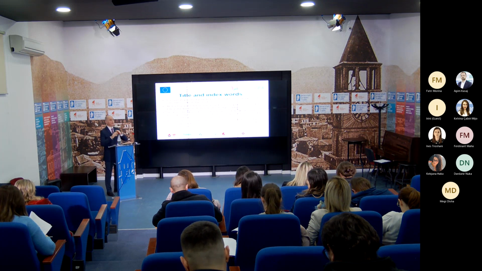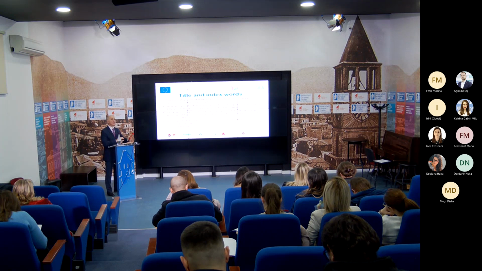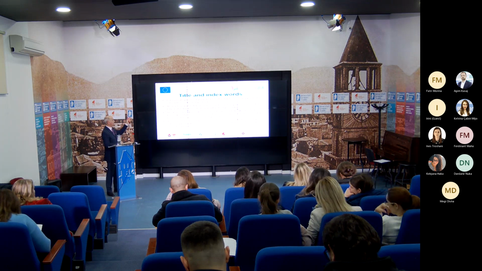Also, it's a must. Almost any journal in the world will require index words or keywords, at least 4 or 5 of them, no more than 4 or 5. Abstract, why is it important?